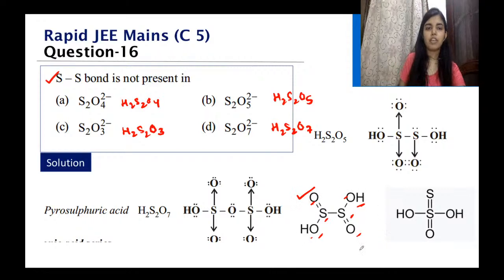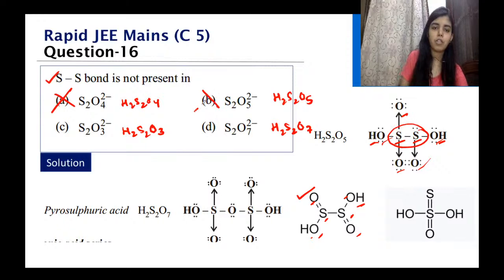So this is the structure of H2S2O4. So sulfur-sulfur bond is there. That means this option is incorrect. Now move on to H2S2O5. So here if you see, 2 sulfur, 2 hydrogens, and 1, 2, 3, 4, 5 oxygen. Here also sulfur-sulfur bond is present. So this option is also incorrect.